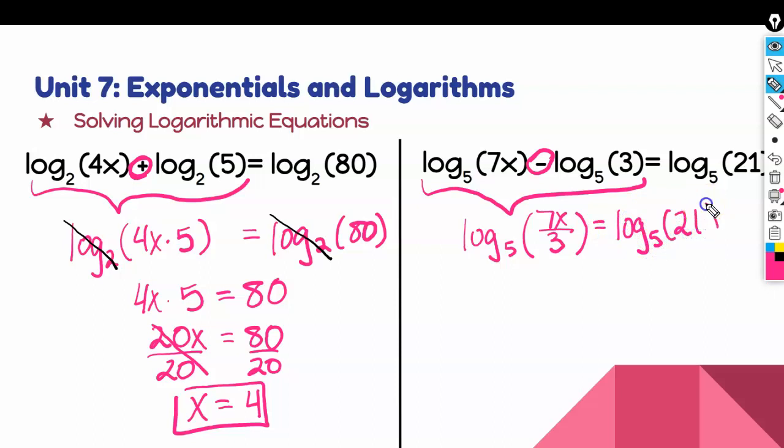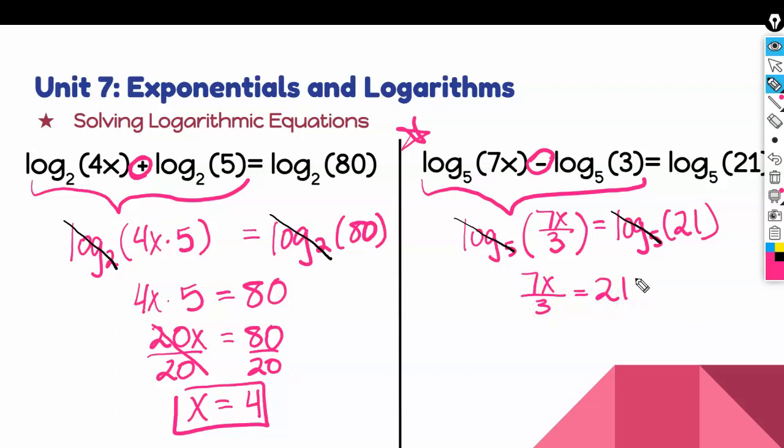Now, I will tell you right now that this is more like the one that you're going to see on your exam, so please be warned. Again, same logs on both sides, beautiful. I can just take them away. And I've got 7x over 3 equals 21.